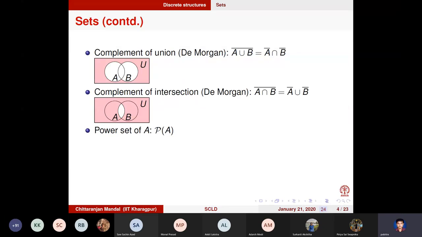Since they are equivalent, if I have an expression involving the left hand side, I can substitute the right hand side instead. So you have an expression where a part of the expression involves the left hand side of a law. You can substitute it by the right hand side without disturbing the expression. The expression remains the same.